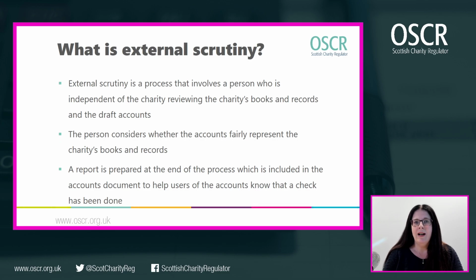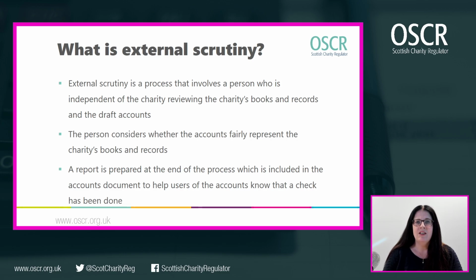So, what actually is external scrutiny? What do we mean by that term? Really, it's a process that involves somebody who's independent of your charity and independent of the record keeping for your charity, who looks at the charity's books and records, primarily the accounting records, and they look at the draft accounts and they do a comparison between the two.